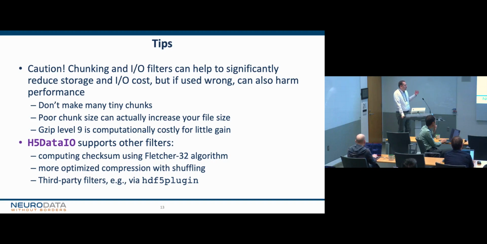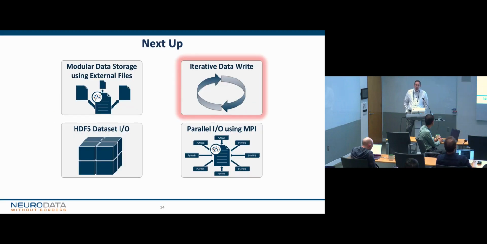I here just talked about chunking and compression, but there are also other filters that you can have, such as shuffling and checksum generation and so on, that work exactly in the same way. So you can nowadays implement your own HDF5 filters. And you have quite a high level of control in those.